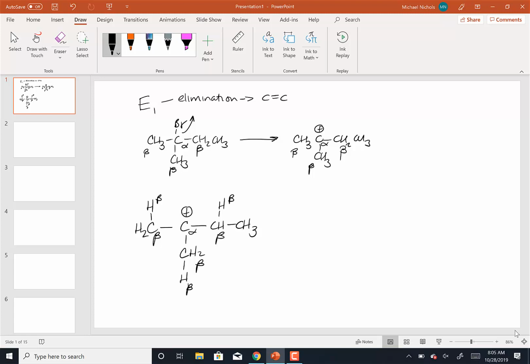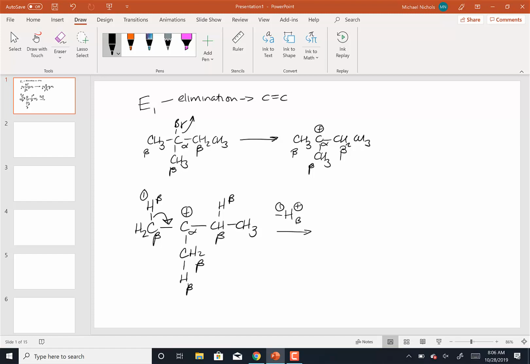And the way that they're going to get lost is that, for instance, let's call this beta hydrogen 1 right there. If I lose that H plus and take its pair of electrons and have that carbon donate it to form the double bond, what happens is that I lose beta hydrogen 1 as an H plus.